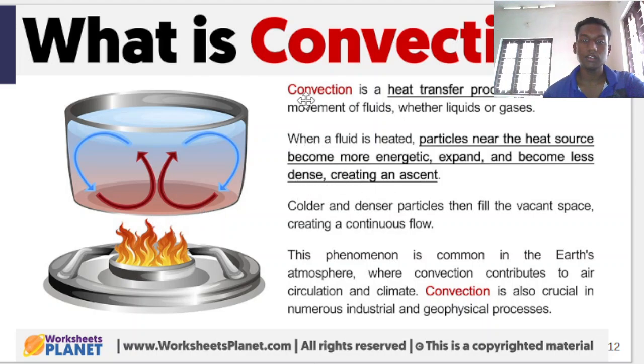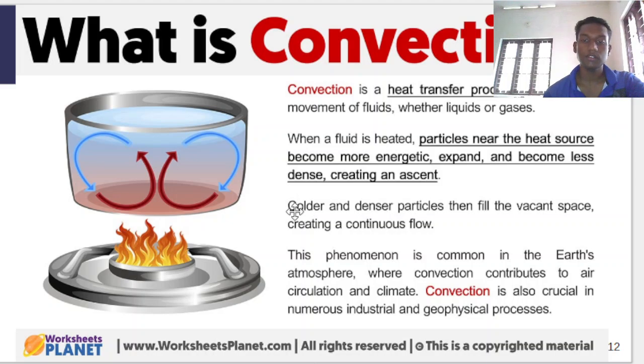So this process continues and it leads to the formation of currents known as the convection currents. So here you can see convection is a heat transfer process involving the movement of fluids, whether liquids or gases. When a fluid is heated, the particles near the heat surface, that is near the source, become more energetic, expand and become less dense, creating an ascent. So they have a tendency to move upwards.